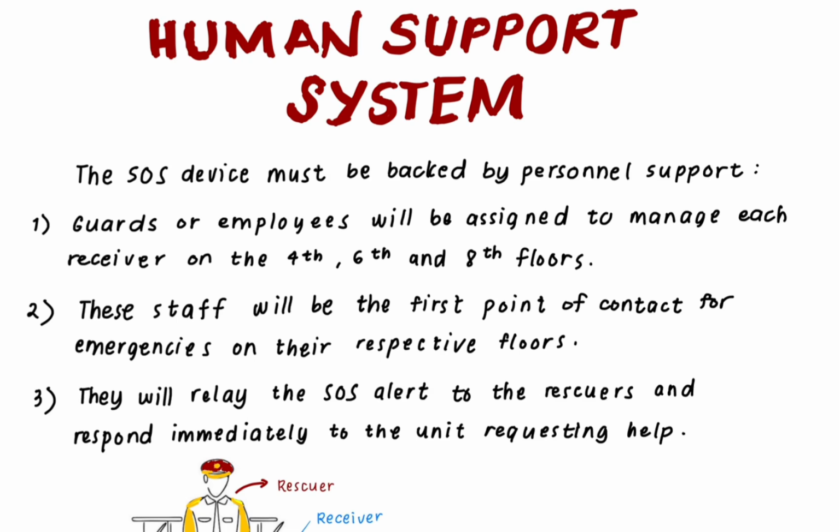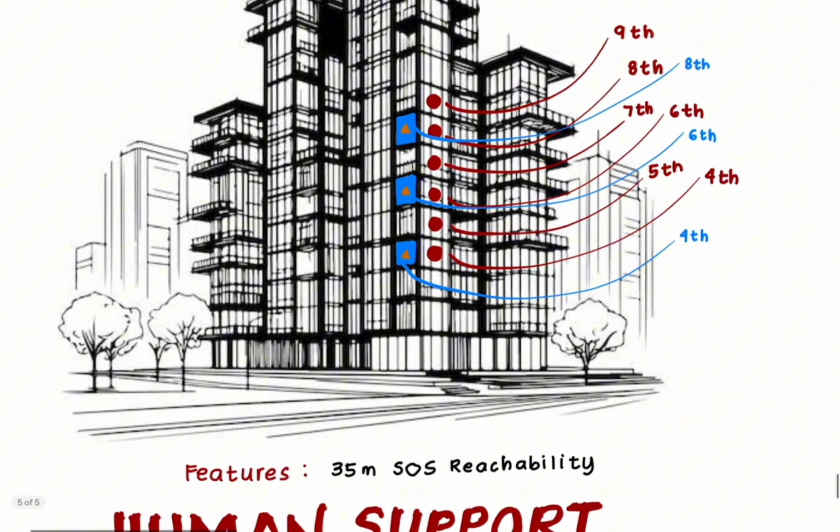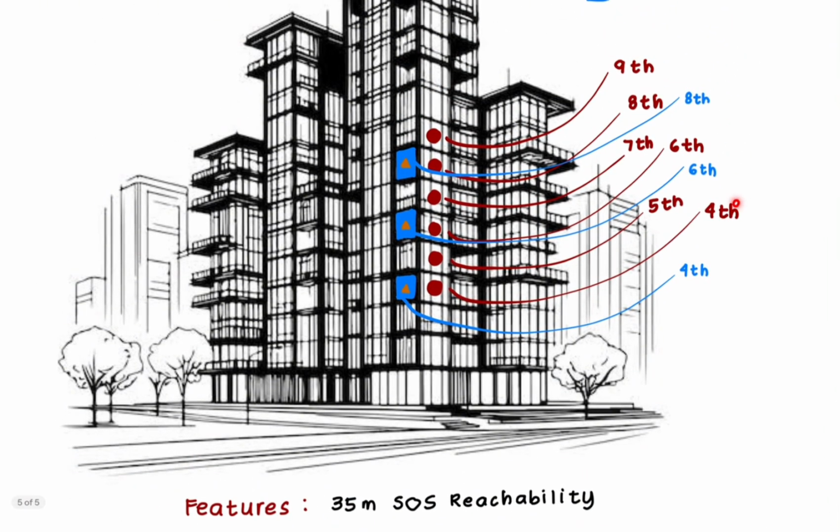So, let's say I am on the 4th floor. Here. Let's say I'm here. And I click the SOS button and directly it will be notified here at the designated staff. And then the designated staff will call the receptionist below or the rescuers below. So they are the first point of contact in case of any emergencies.